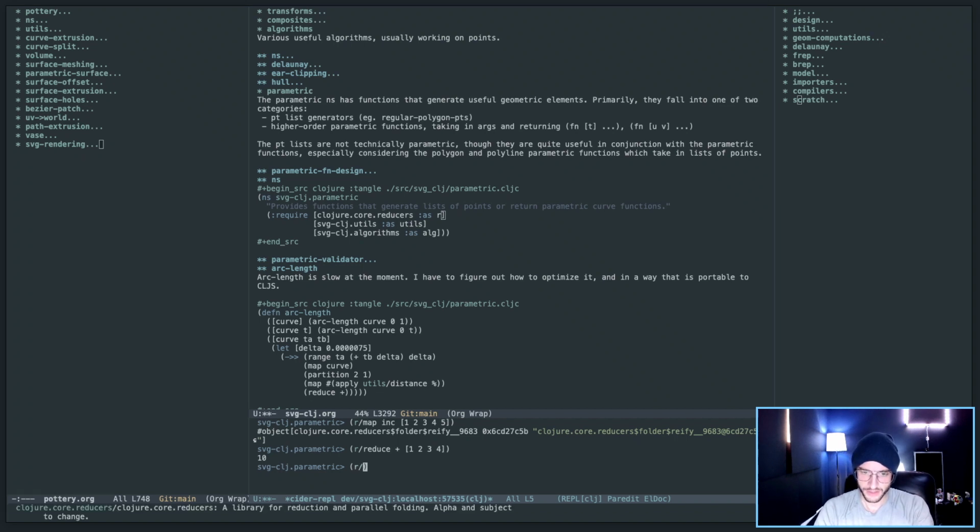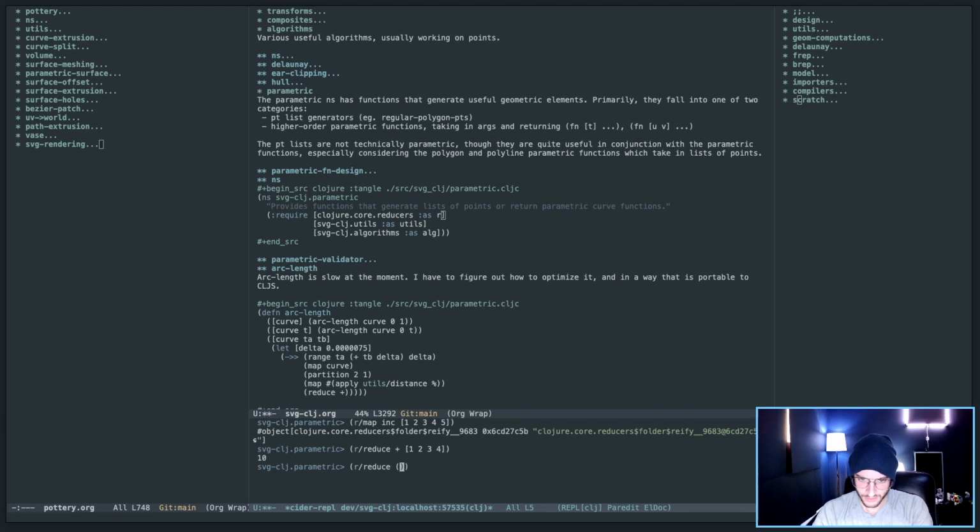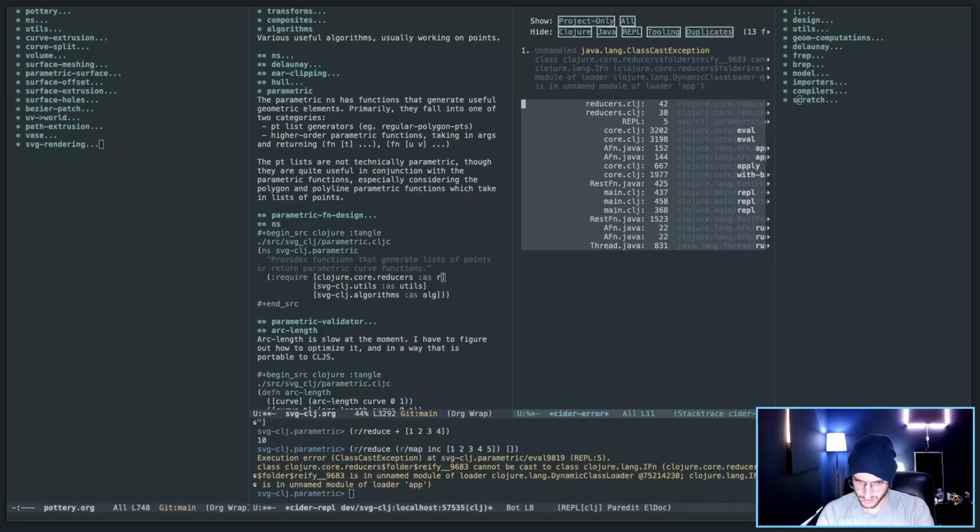Okay, r/reduce. Let's take the function r/map inc. I don't think I'm doing this correctly. Collection.